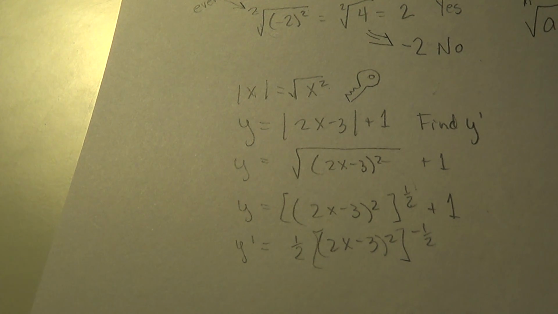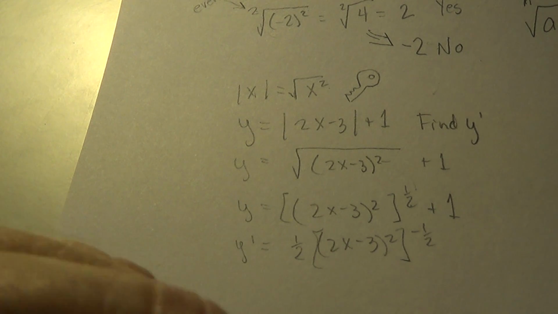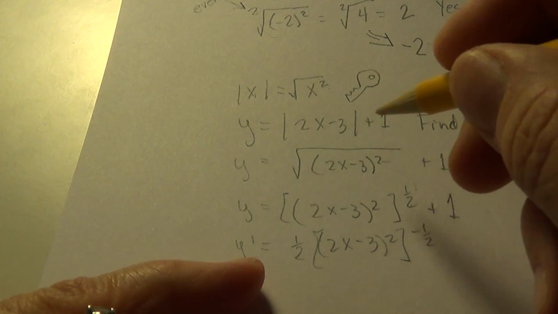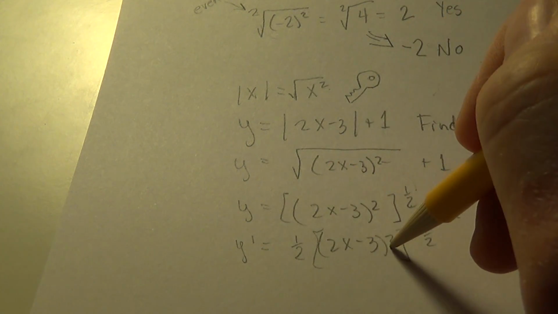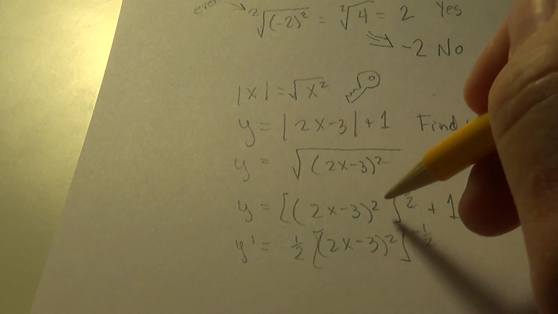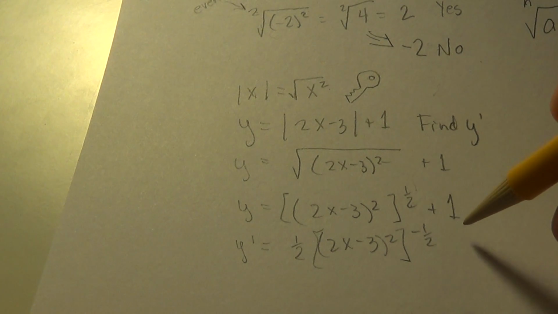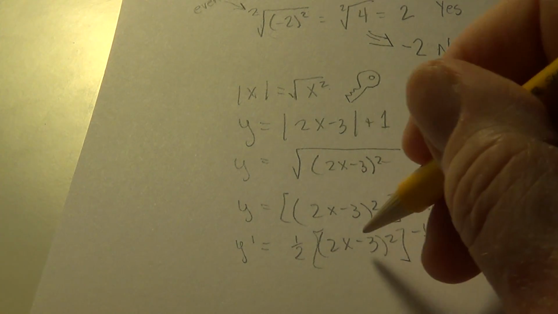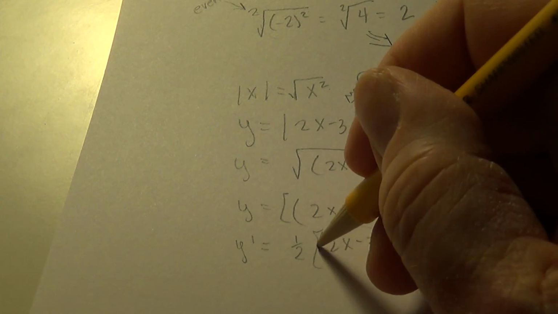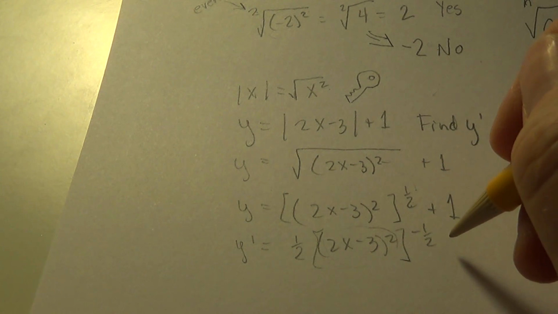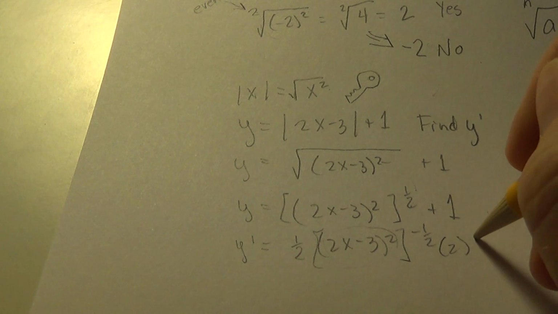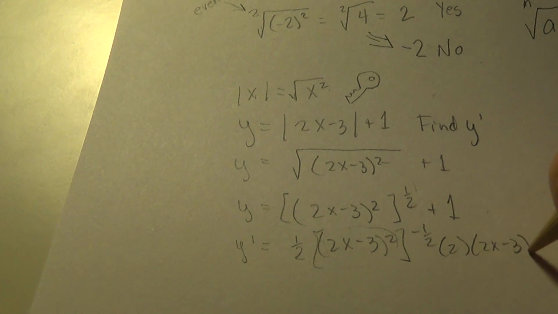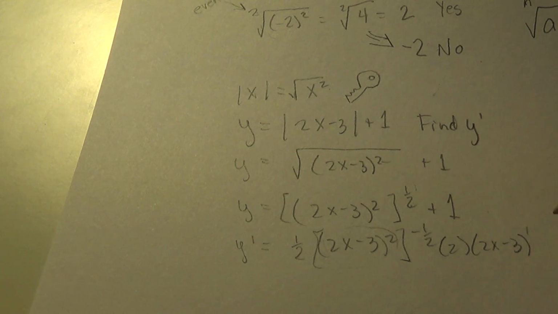So I write nothing for that. Oh, I forgot the chain rule. So before I did that, the 1/2 runs down in front, the something is repeated to the negative 1/2, followed by the derivative of the something in here. So the derivative of that is going to be 2 times 2x minus 3 raised to the now 1, times the derivative of that.